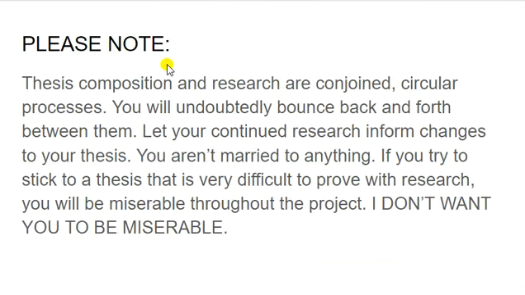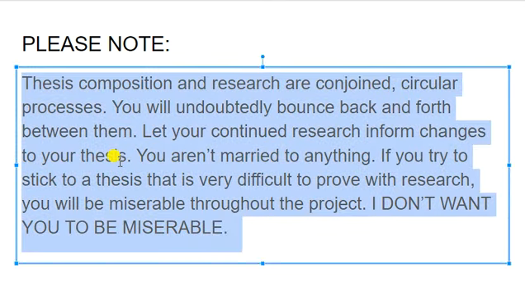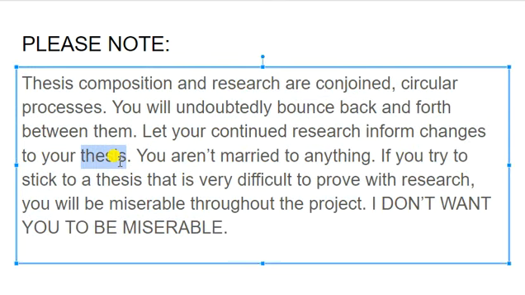This is the same note that I gave you during the last playlist, but I want to repeat it. Okay? Please note, thesis composition and research are conjoined circular processes. You will undoubtedly bounce back and forth between tweaking your thesis and doing your research. Let your continued research inform changes to your thesis. I expect a lot of you will make changes to your thesis that you already presented to me as you are researching, and that is fine.